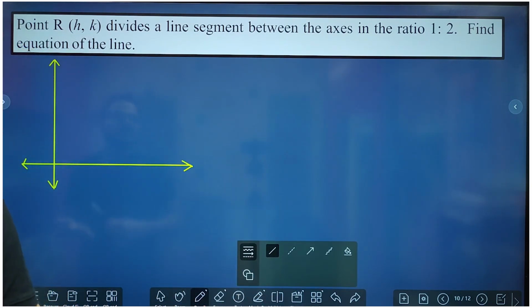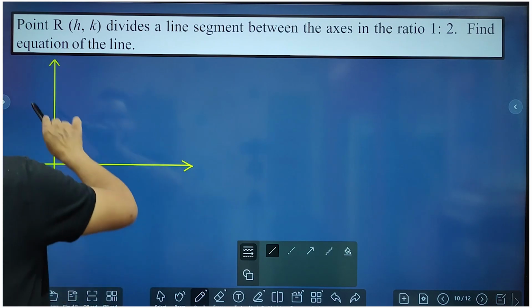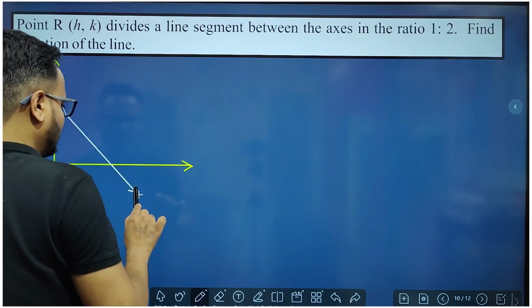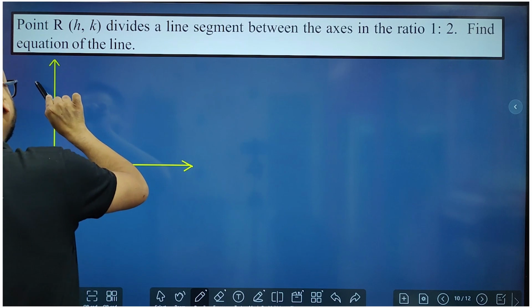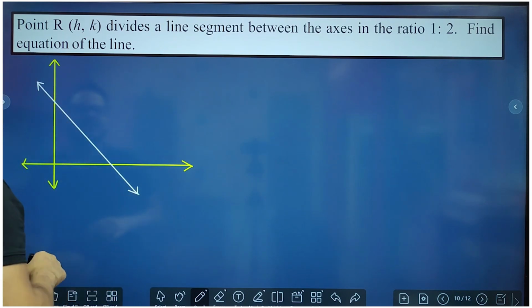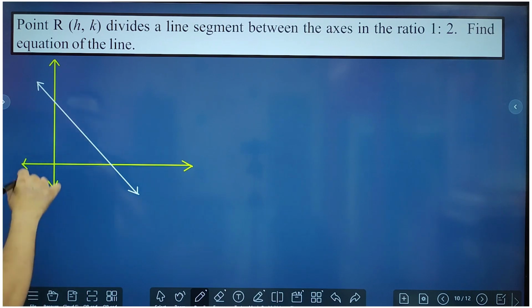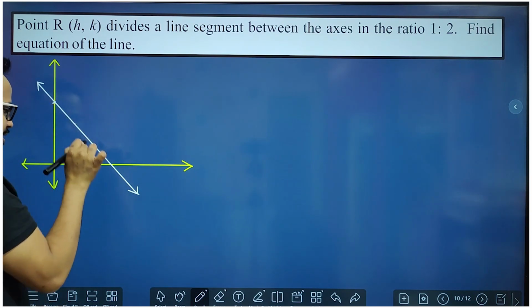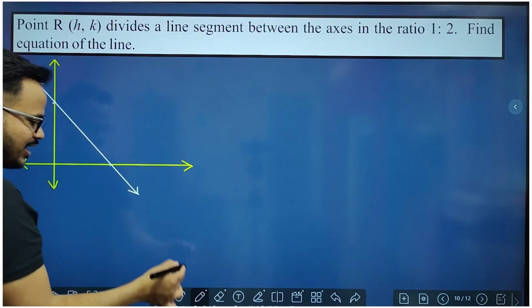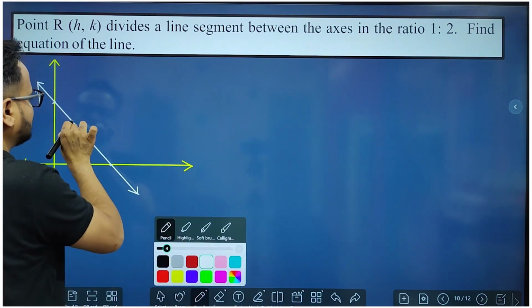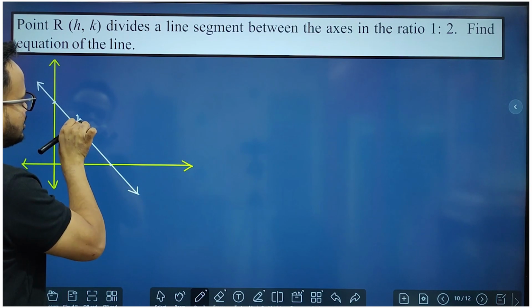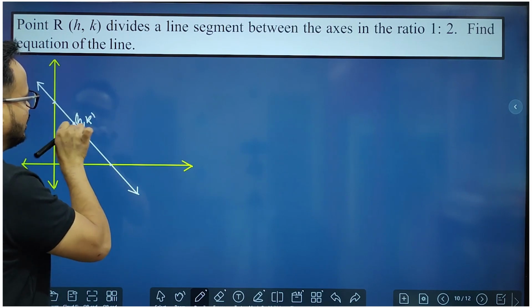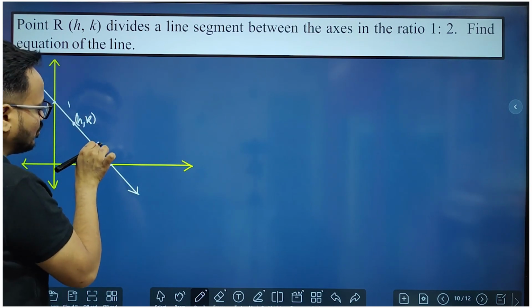Point (h, k) divides the line segment between the axes in the ratio 1:2. This line segment, from here to here, is divided by this point (h, k) in the ratio 1:2.